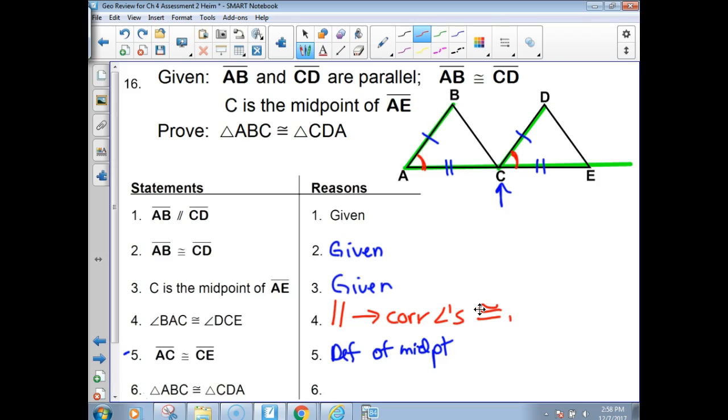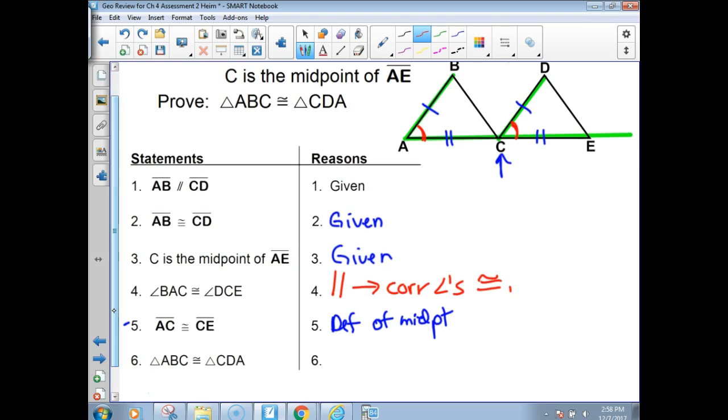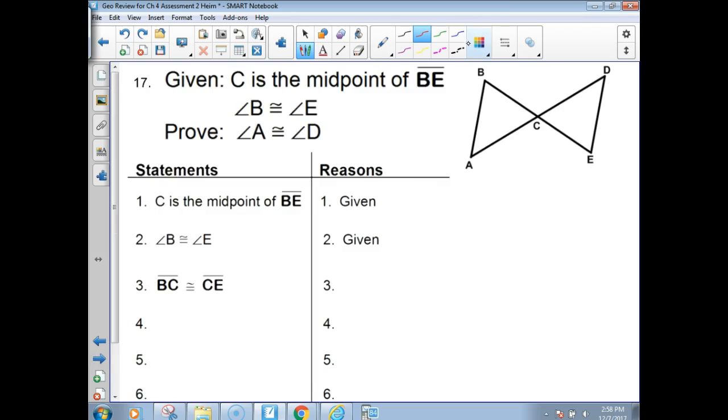Okay, great. And now those triangles are congruent by a side and an angle and a side, side, angle, side. And I think that's what we wanted to get done. There's no more parts after that. If there was something more that we were proving, it would be CPCTC next for corresponding parts. But we're not. Okay, 17.